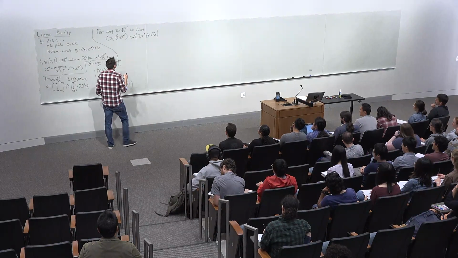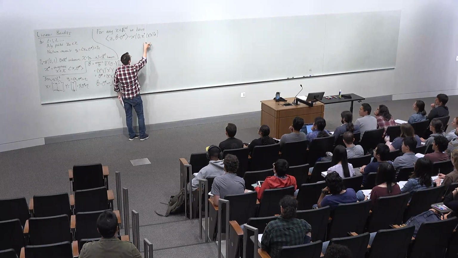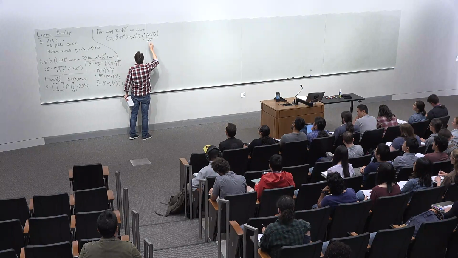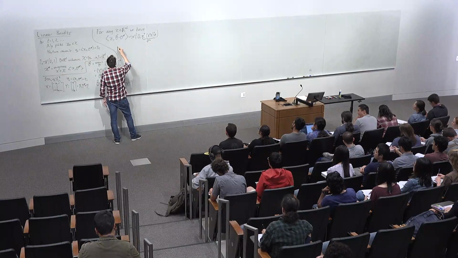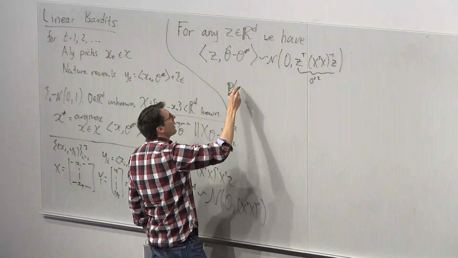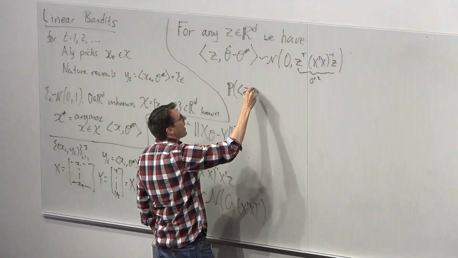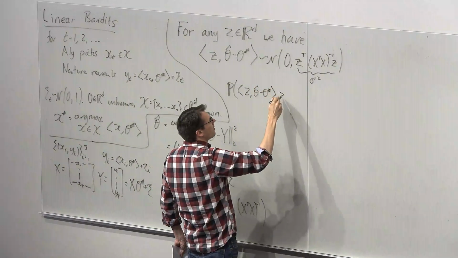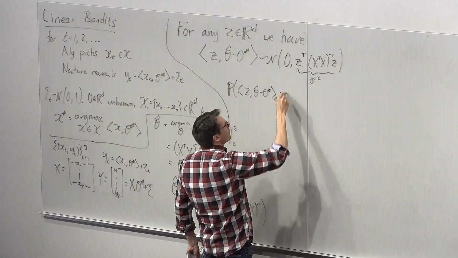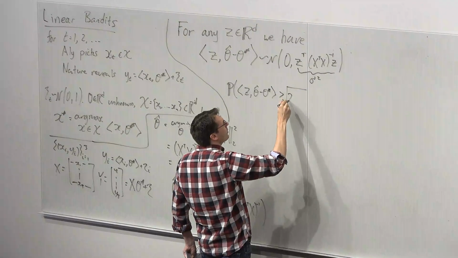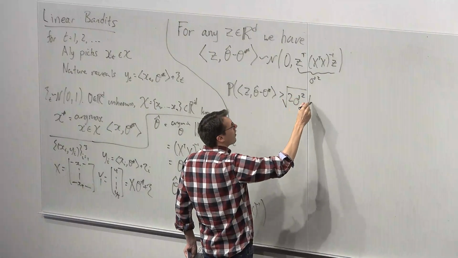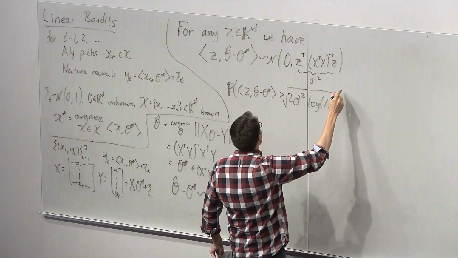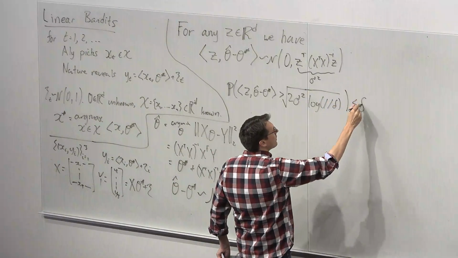And so what we can conclude, if we just call this sigma squared, is that the probability that z transpose (theta hat minus theta star) is greater than or equal to square root of 2 sigma squared log 1 over delta is less than or equal to delta.